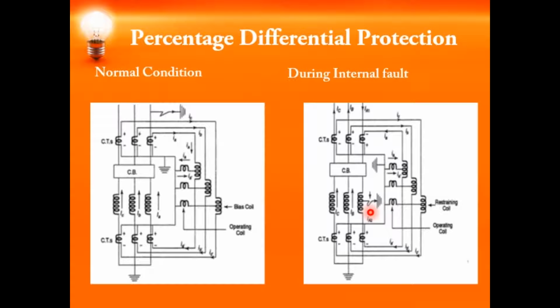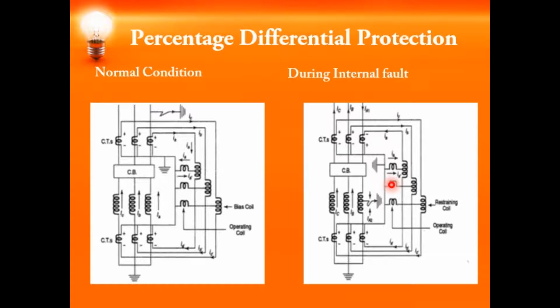In that case, IA gets added up with IA dash. That means the current is not equal to 0; it is greater than 0, which in turn makes the relay operate. So for any internal fault, the relay will operate due to the current flowing through the operating coil.